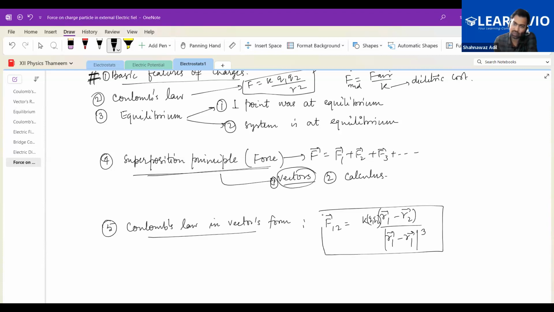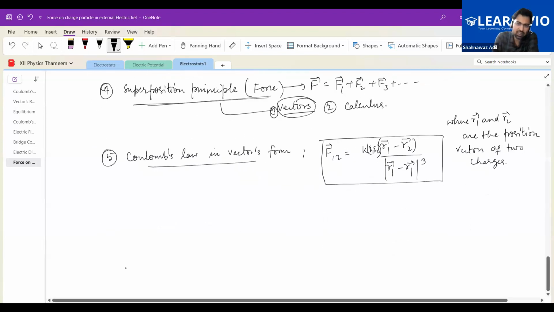So this was Coulomb's law in vector form, where r1 and r2 are the position vectors of the two charges.